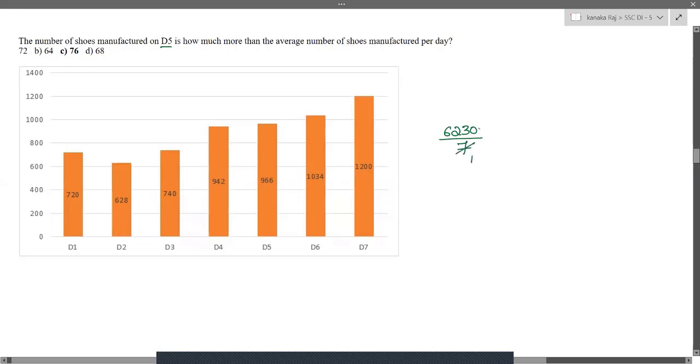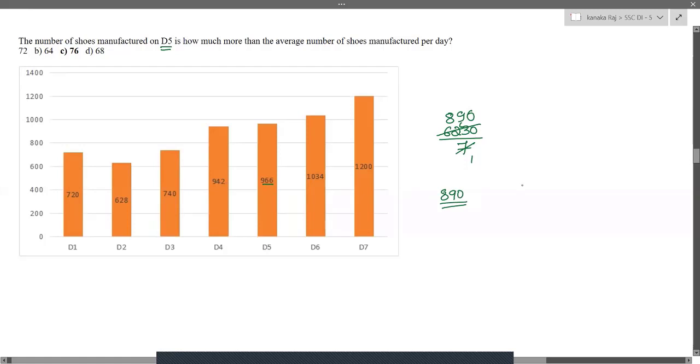So what will I get? 7 ones are 7, 7 eights are 56, so remaining 6. 7 nines is 63. So 890 will be the average number of shoes manufactured on all 7 days together. Now I need to find out by how much less shoes have been manufactured on the 5th day. So on the 5th day, are they manufacturing less shoes or more shoes?